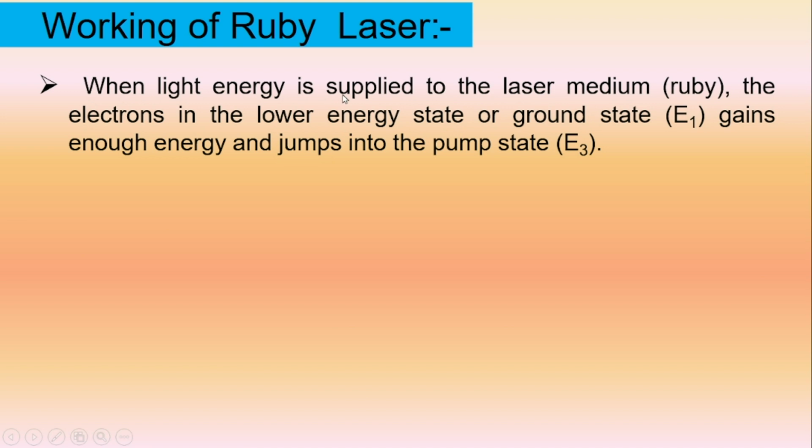When light energy is supplied to the laser medium, that means when the helical flash lamp is switched on, the electrons in the lower energy state, or ground state, gain enough energy and jump into the pump state. That means electrons in the lower energy state absorb energy in the form of photons and jump into the excited state E3.